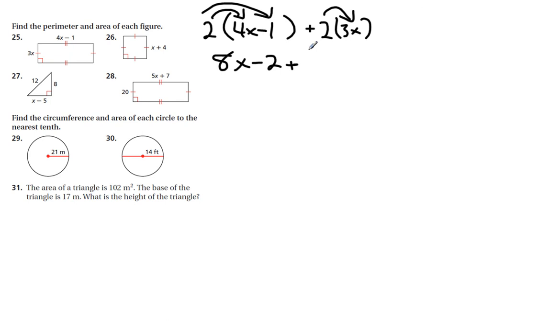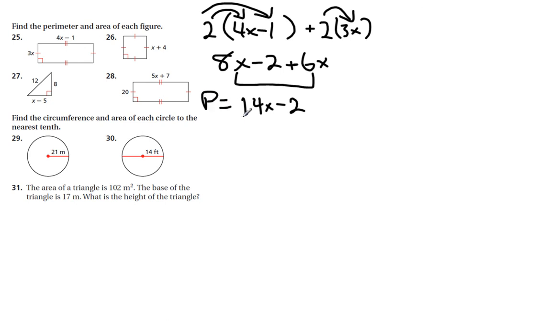I mean, technically, you could call it distributing. That's all the distributive property is, but it's only multiplying one. So what? Important thing is we're having fun. Alright, so 14x minus 2. I know we said we don't leave answers like this, but it doesn't really give us any numbers to go with, so this is our perimeter.